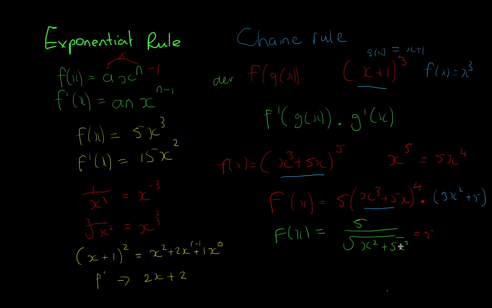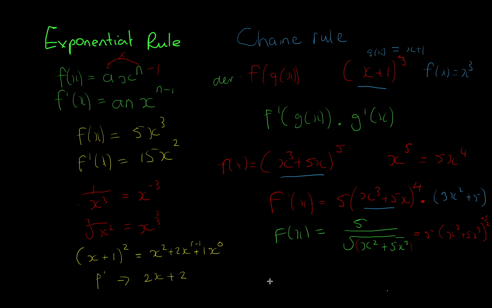This bracket is to the power of a half, but then we move it to the top, so it gets a negative exponent. So it's going to be 5 times x squared plus 5x to the power of 3, all to the power of minus a half. Remember, the square root is always to the power of half.